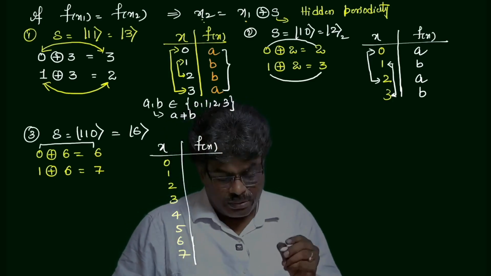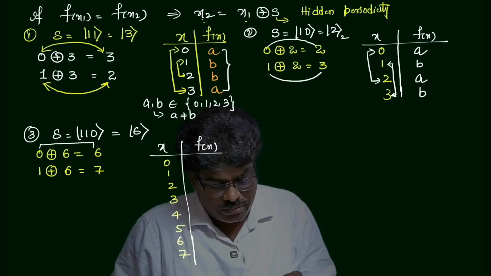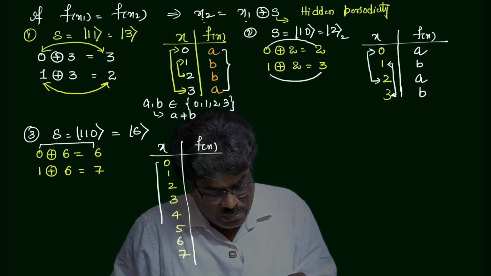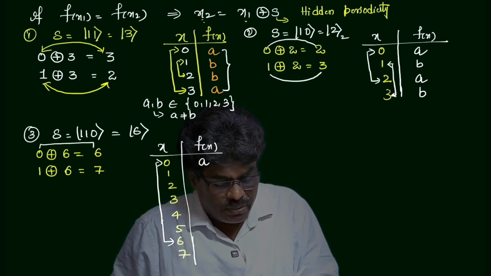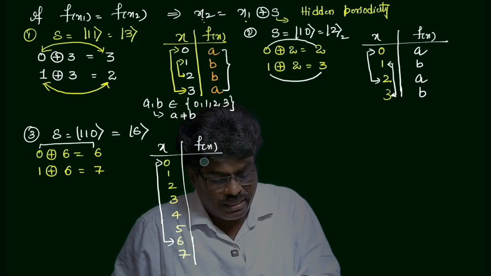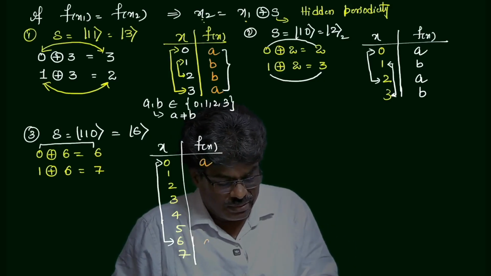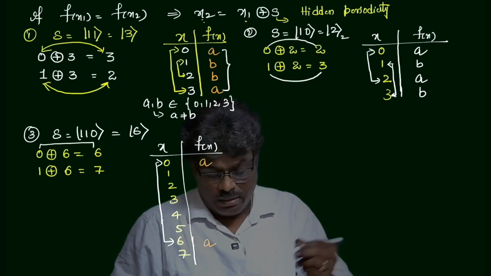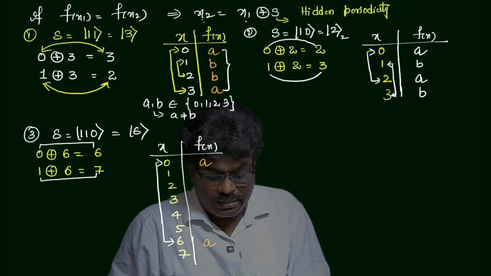Right. Now it's very clear, 0 and 6 have same output. I am assuming it as A. I told you no need to bother about that A, just leave it. Next one, we have 1 and 7.